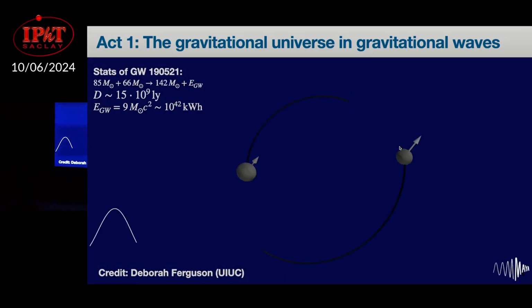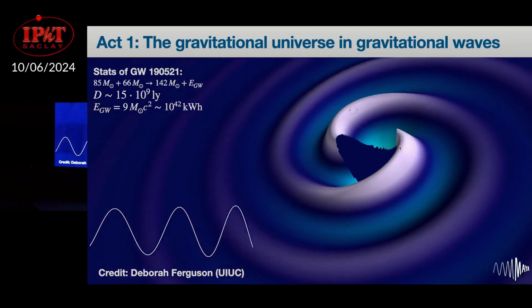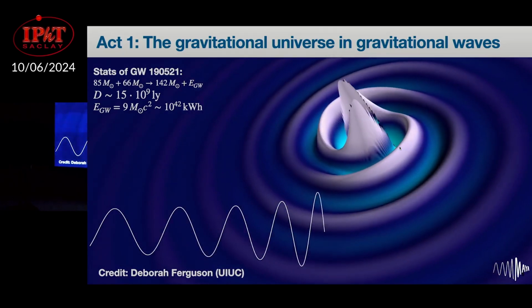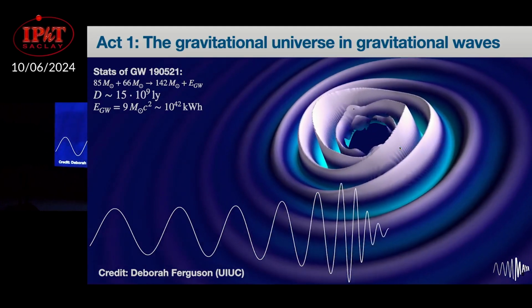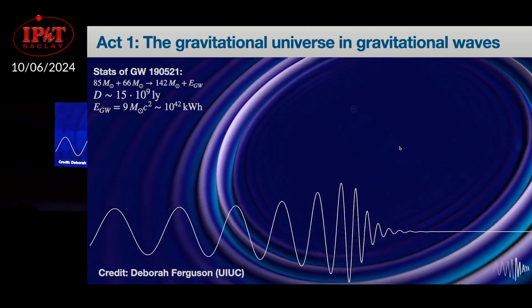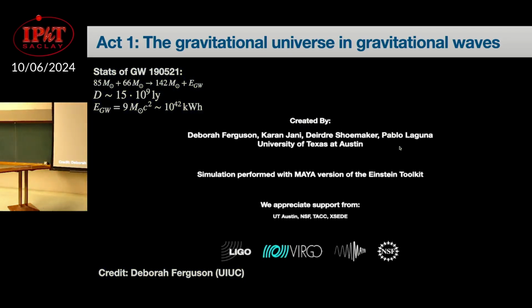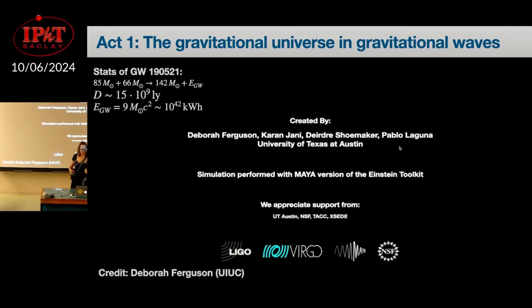They generate a wave that's increasing in frequency and amplitude, so that's the inspiral. And as they get closer, they merge. They have a peak in the gravitational wave signal here. And then the final object in this case is a black hole that rings down, and the ringdown is an exponentially decaying sinusoid with a characteristic frequency and amplitude.